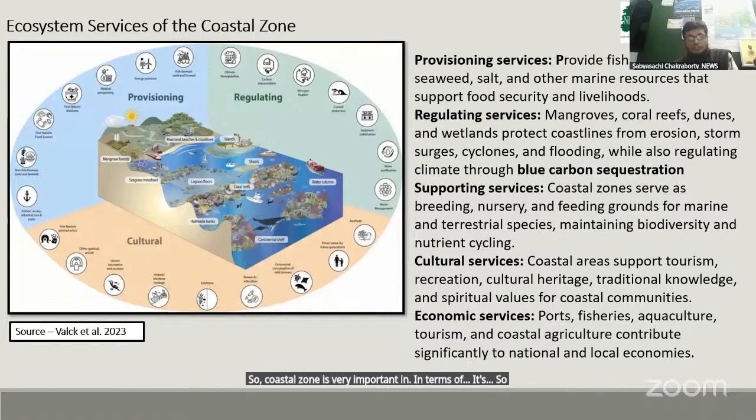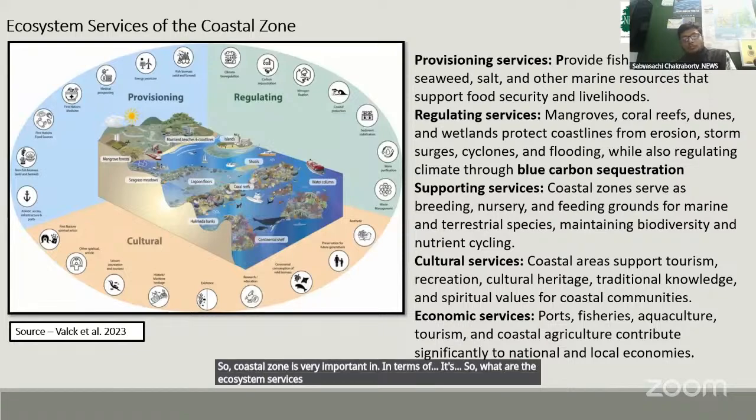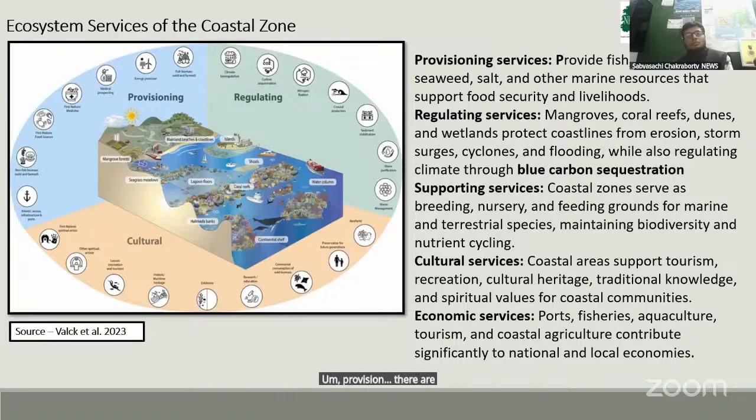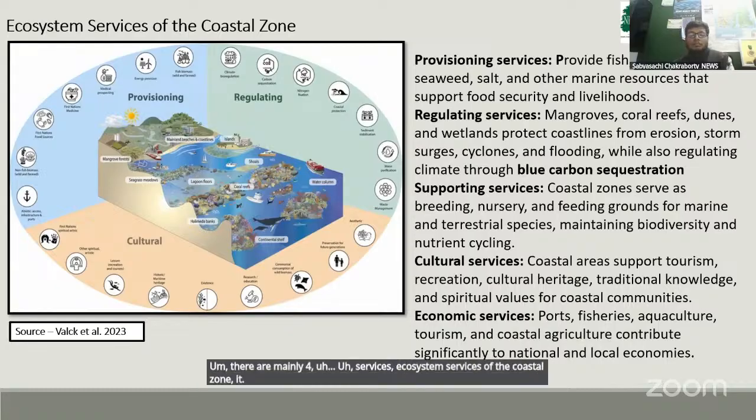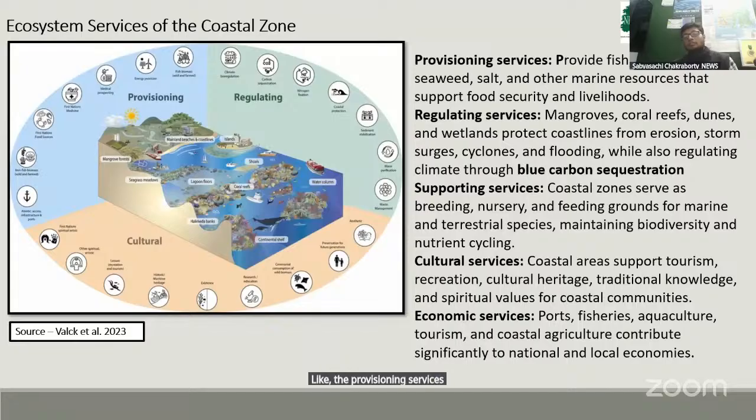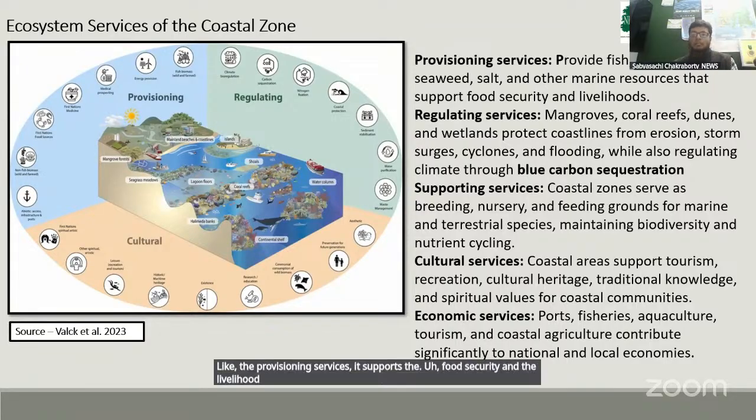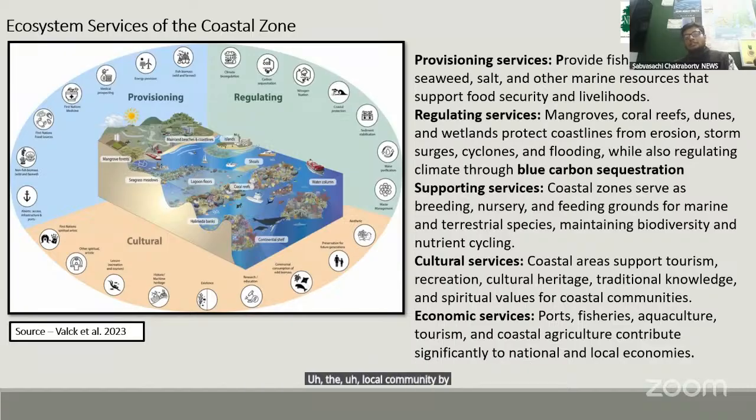So, what are the ecosystem services of the coastal zone? There are mainly four ecosystem services. First, the provisioning services support food security and the livelihood of the local community by providing fish, crabs, seaweed, salt, and other marine resources.